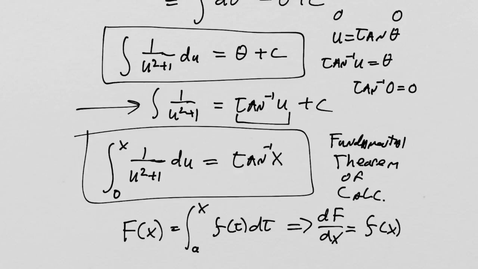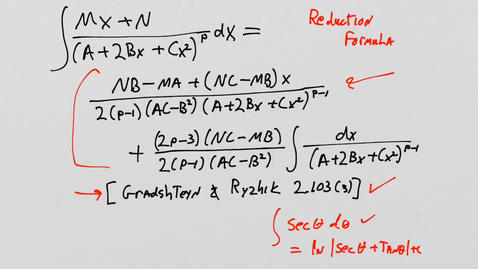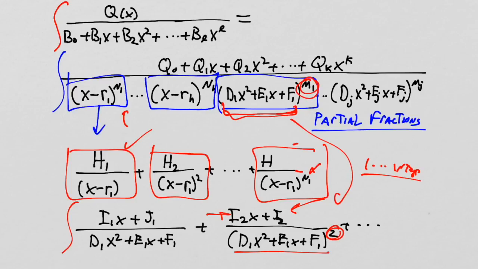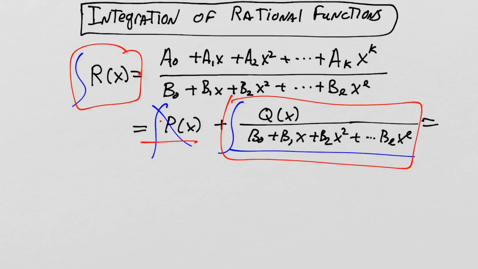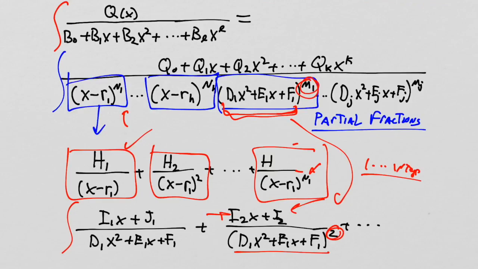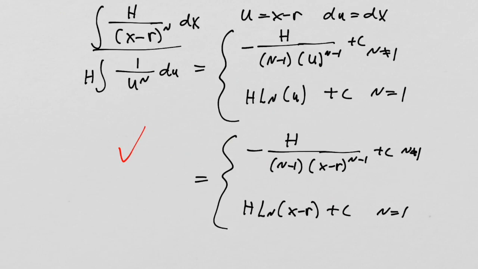So we can look at this two ways. I can say, oh, you know what? If I want to integrate any rational function, and now I'm going all the way back here, I have to know a few things. I have to know how to integrate a polynomial, check. I have to know how to integrate this guy here and likewise that guy there, for the n equals 1 case and the n does not equal 1 case.